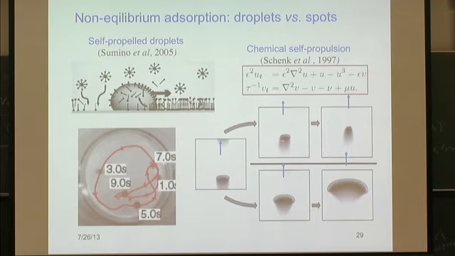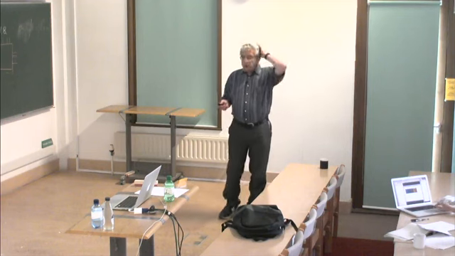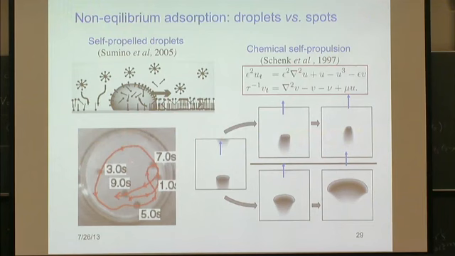In this case, sometimes they disappear, and sometimes they grow into a bigger pattern. If there is a droplet of a real liquid, this cannot happen because there is a conservation law.